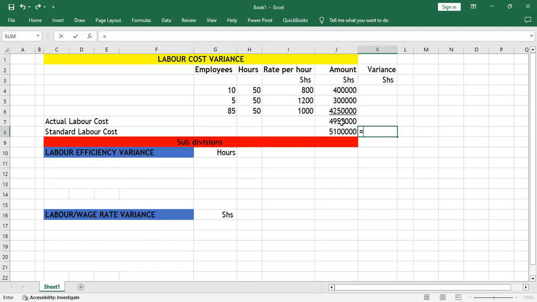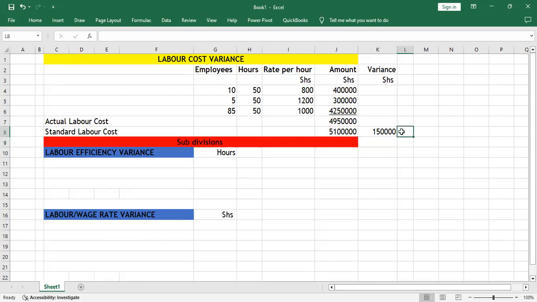Our actual labor cost is 4,950,000. To get the variance, we take the standard labor cost of 5.1 million minus the actual labor cost of 4,950,000. We get a variance of 150,000.